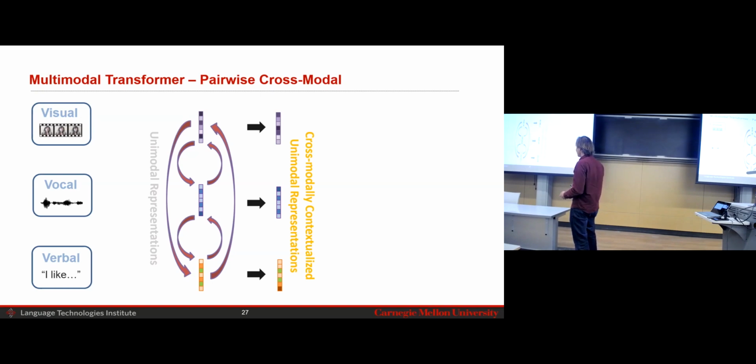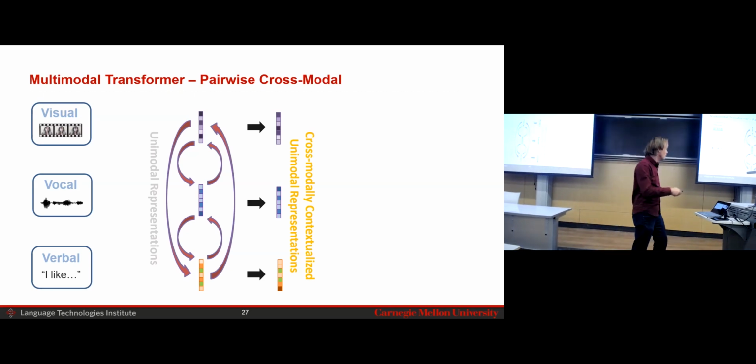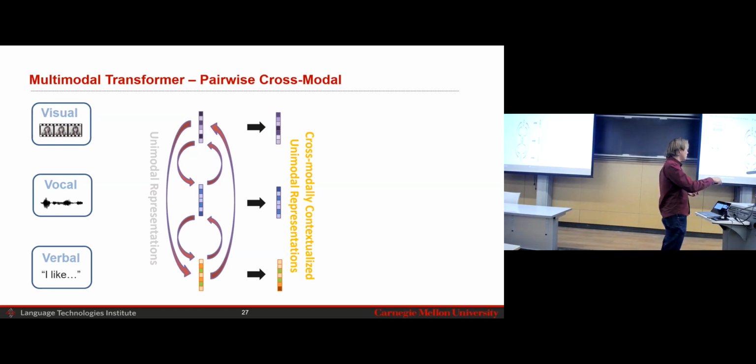So you will get two language embeddings. One which is language contextualized with audio, and one which is language contextualized with visual. And then you can either concatenate them, or usually what you will do is a one-layer neural network to just fuse these two together to get one embedding the same size as the original one, but that one has been contextualized by both the audio and the video together.